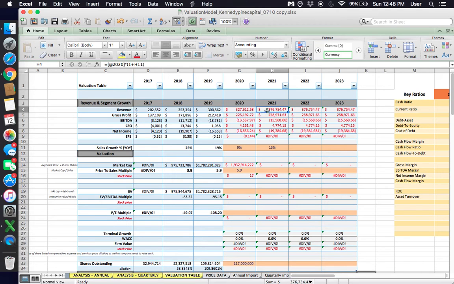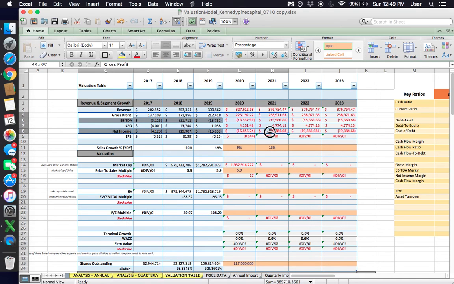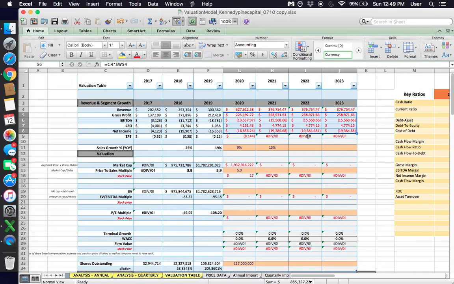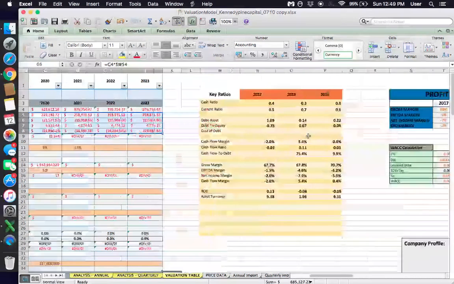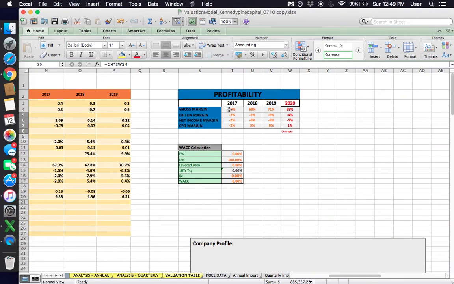And like I said, you have to do a little digging. Maybe you have to read their report and see what the company's up to, and what kind of sales they might expect for next year, right? So all of these line items like gross profit, EBITDA, CFO, all of this stuff is calculated here based on the profitability ratios, or the profitability percentages.